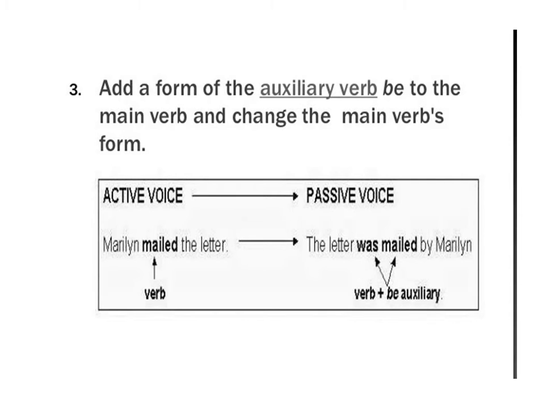The third step is to add a form of the auxiliary verb be to the main verb and change the main verb's form. So we have to change the form of the main verb by adding an auxiliary verb before it.